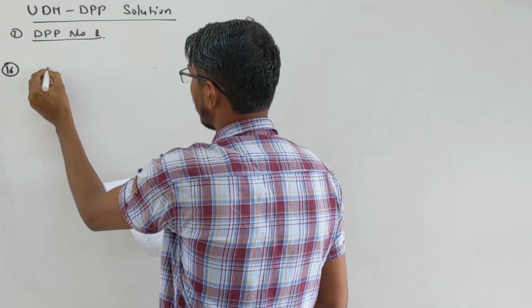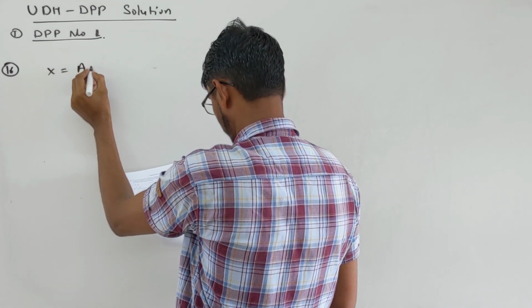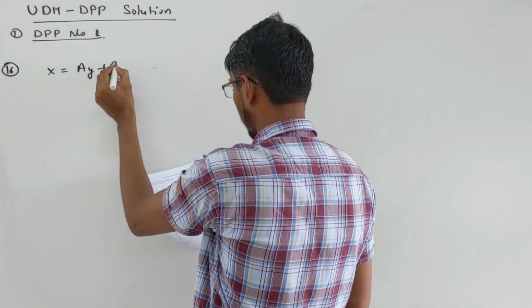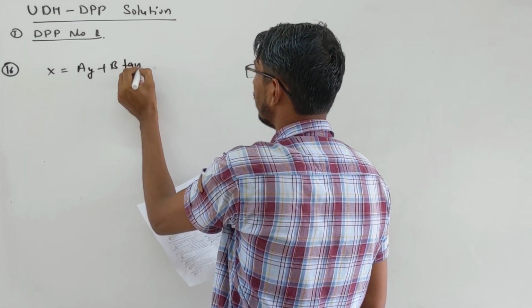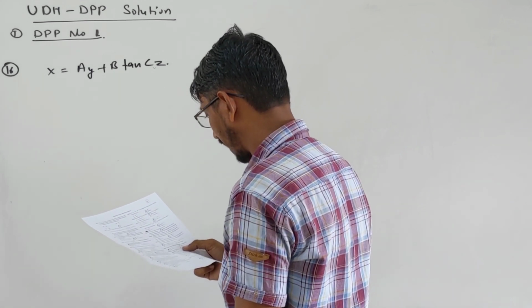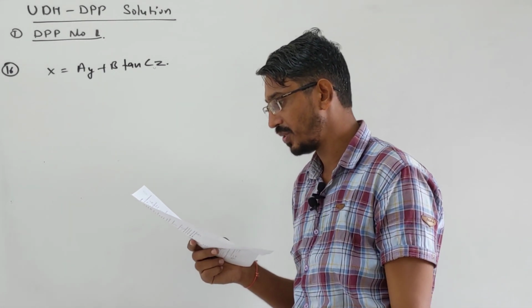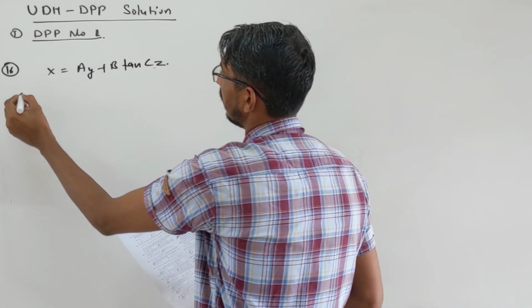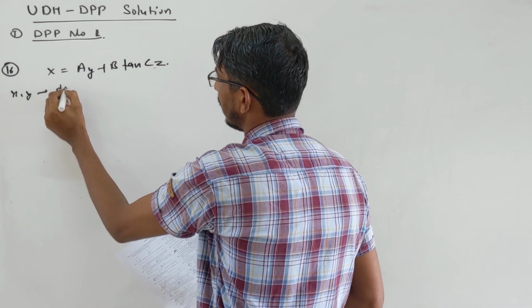Again, question number 16, they are asking about dimensions. It should be simple for you. A physical quantity is given by some formula, x is equal to a y plus b tan c z, where a, b, c are constants. Which of the following does not have the same dimension? So let's check these dimensions. Here x and y are distances or displacement.